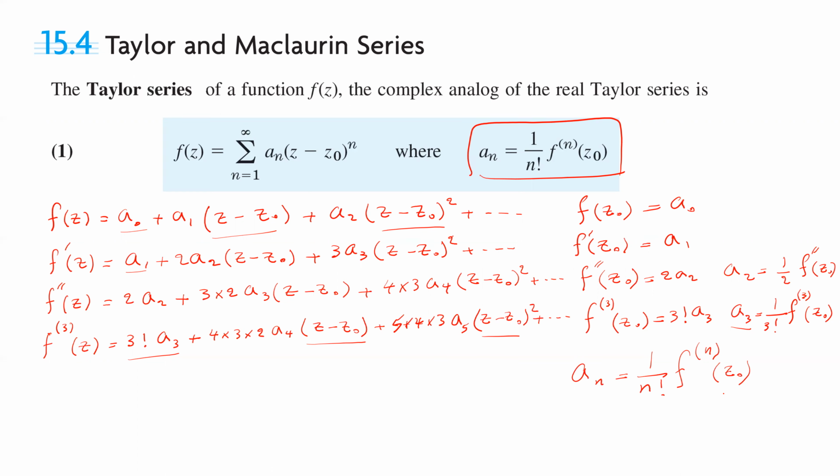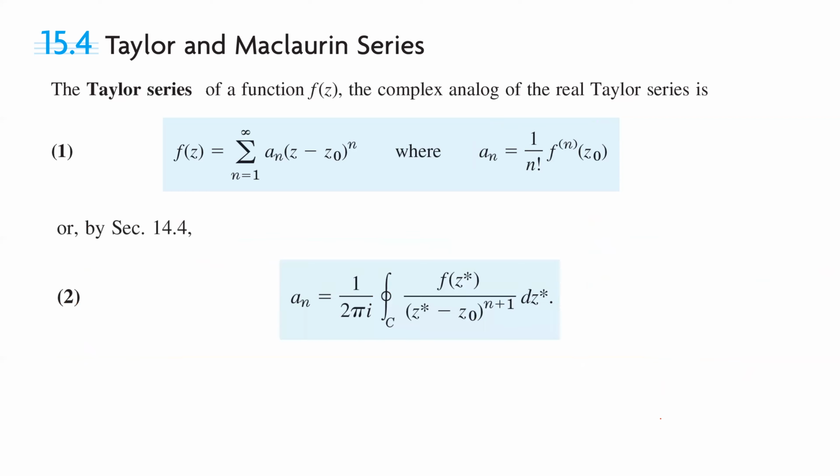All right, this is the Taylor series. We had it in real calculus, but we have the same in complex calculus. And in complex numbers, we can also write an in terms of these kinds of integrals, because the nth derivative evaluated at z naught could be written that way.